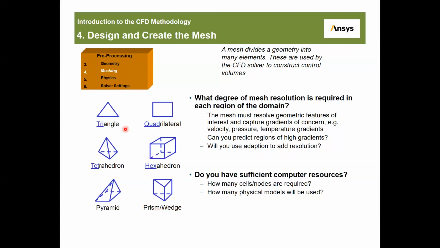These two, triangle and quad, are for two-dimensional, for 2D. And tetrahedron, hexahedron, pyramid, and prism are for three-dimensional. So you can use any type of meshing depending on the geometry.